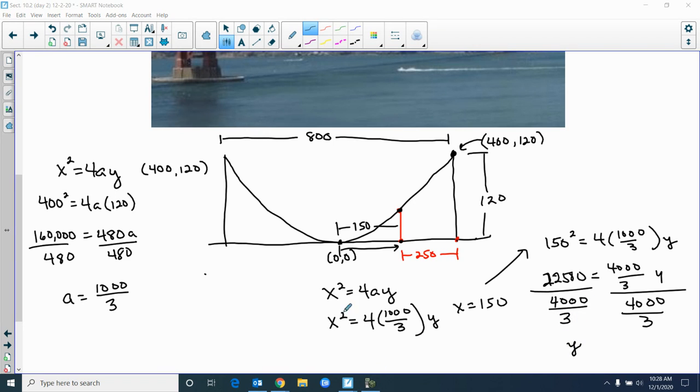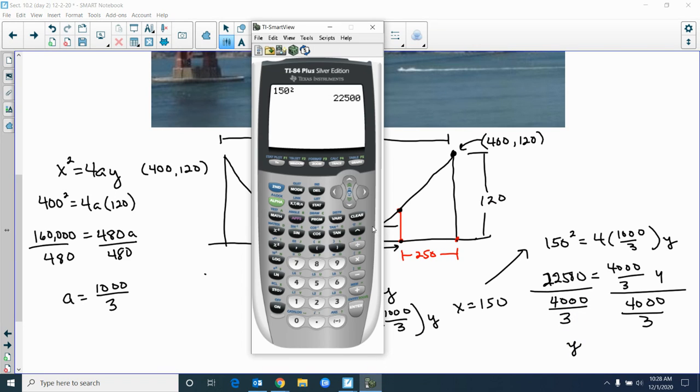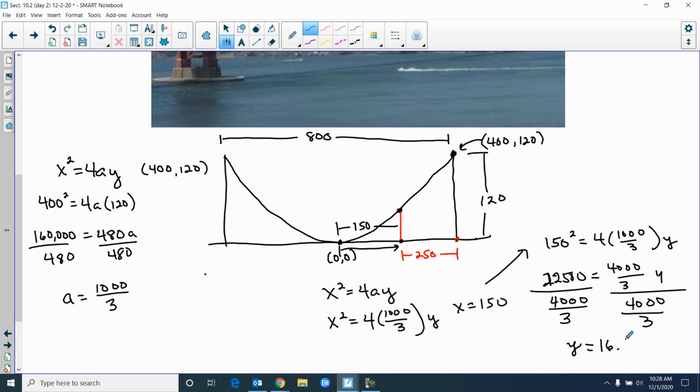So I get 22,500 divided by 4,000 over 3, and it's 16.875. I'm going to keep that. I'm not going to round that off because it's a terminating decimal. Okay, so that's the answer to our suspension bridge problem.